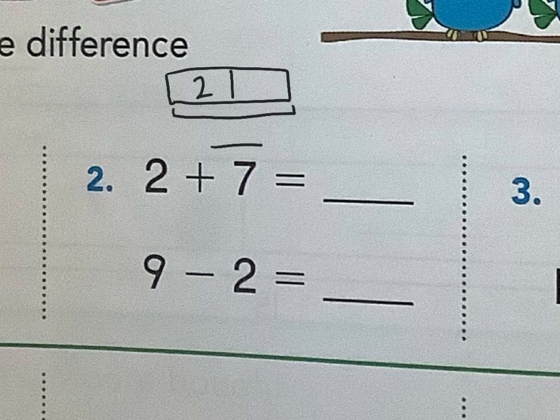So 2 and 7, those are our 2 parts. And we add them together, we find the whole, which we also can see is down here. 2 plus 7 equals 9. 9 minus 2 equals 7. We're using the same 3 numbers.